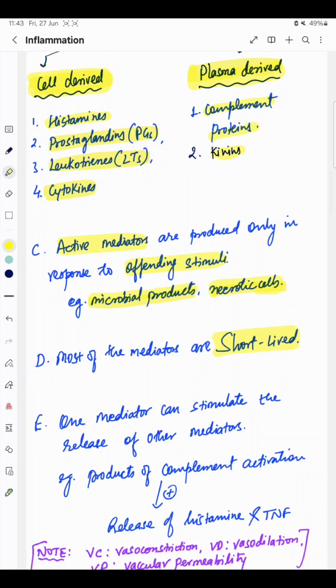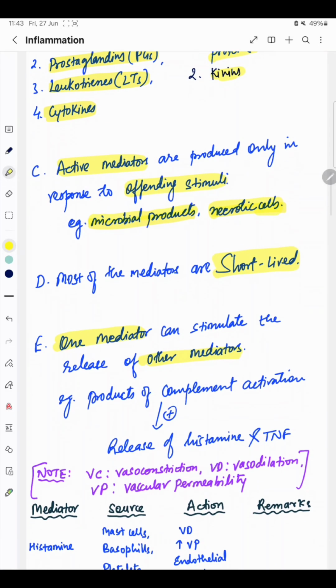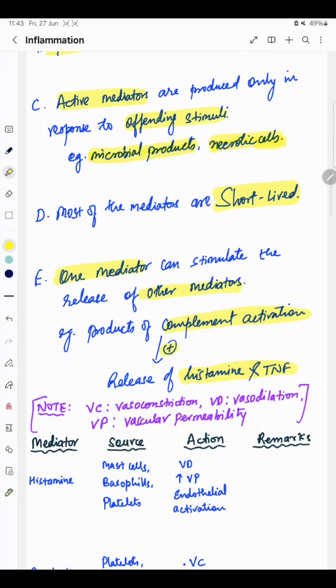One mediator can stimulate the release of another mediator. For example, products of complement activation stimulate the release of histamine and TNF cytokines.